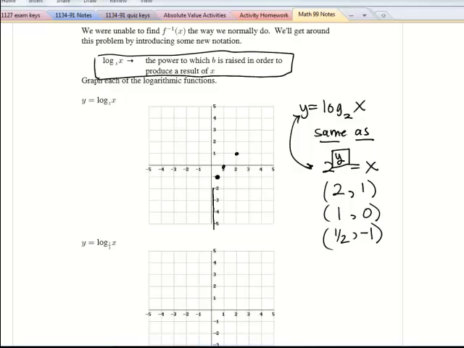And it's not going to cross the y-axis. We got it just like that, right? We could also list the domain would be 0 to infinity, and the range would be all reals. And the x-intercept is (1, 0), and there's not a y-intercept.